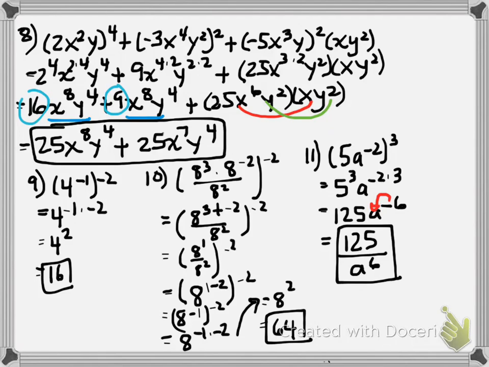All right, I've got 2 more examples for you, and then we'll be done. We have x to the negative 8th times x cubed, and I want to raise that to the 4th power.